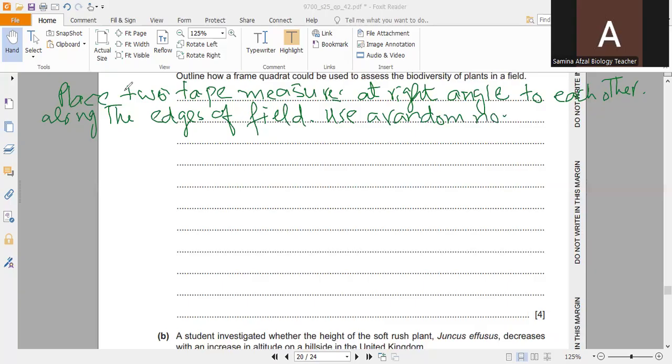Use the random number generator to select pairs of coordinates.